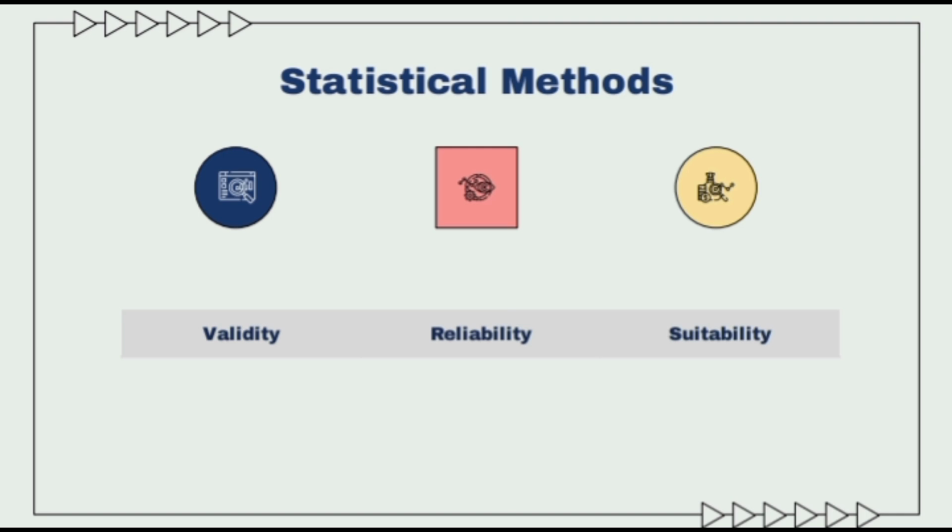This method is suitable for assessing the internal consistency of the instrument. Suitability. The statistical methods are appropriate for validating educational research instruments. However, inferential statistical analysis for experimental data is not well explained.